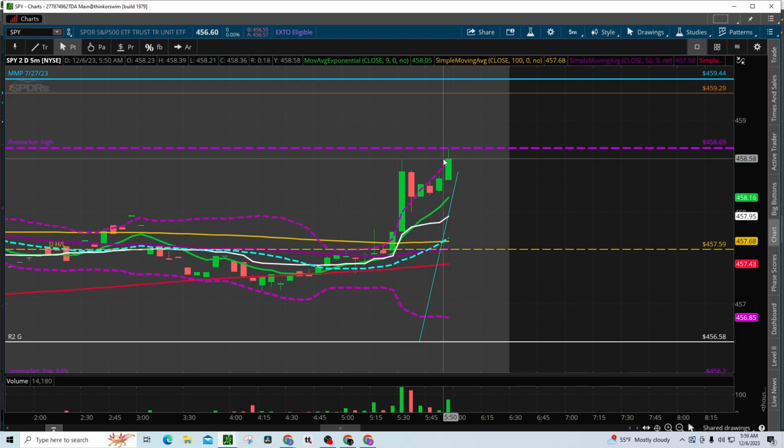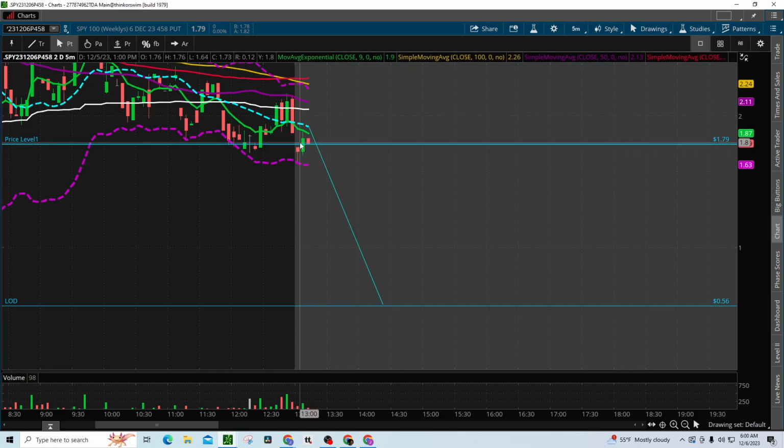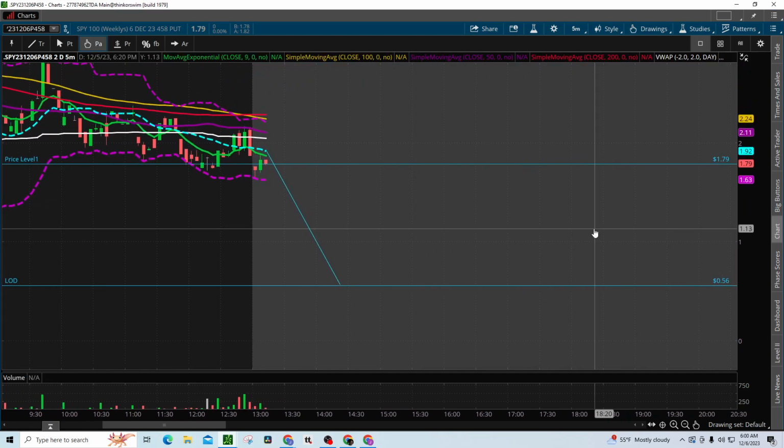The puts are also going to lose value because of time decay. So this option that was worth $1.79 yesterday when it closed is going to lose 2 deltas plus half its value approximately. So I think it's going to be down here at the 56 cents level. What that means is that for these moving averages on the 5-minute chart, this 5-minute chart is going to be coming down hard.